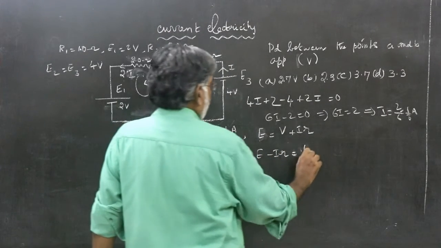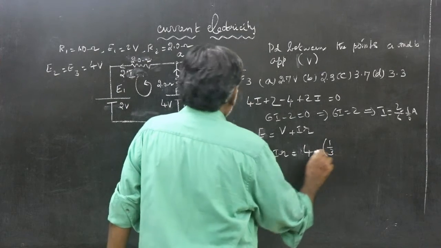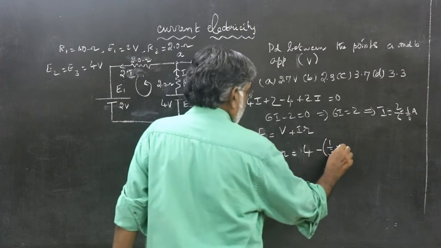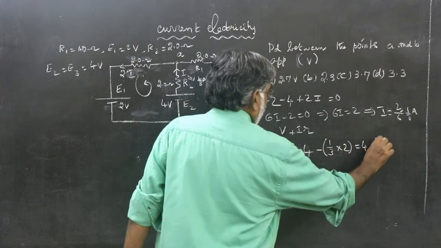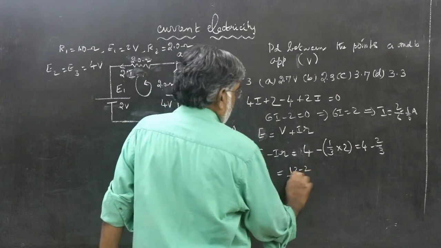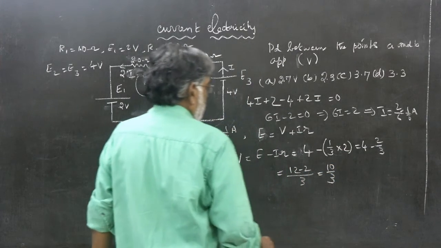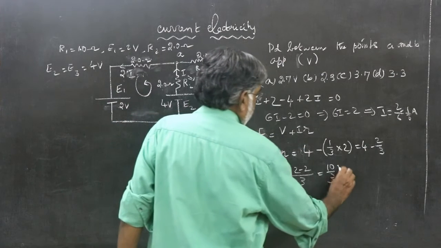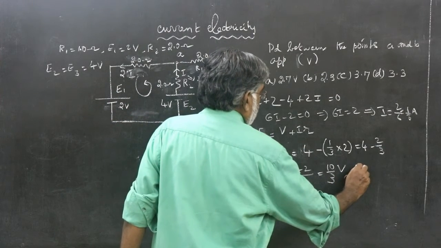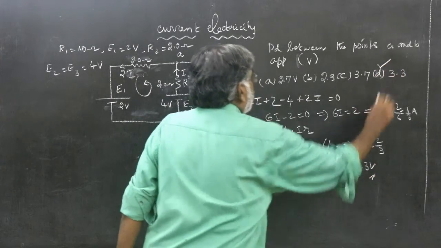E how much? 4 minus I how much? 1 by 3. r how much? 2 ohm. So this is 4 minus 2 by 3, which is equal to 12 minus 2 by 3, which is 10 by 3 here. So the answer would be 10 by 3 volt. So approximately this will be 3.3 volt. So option D will be correct.